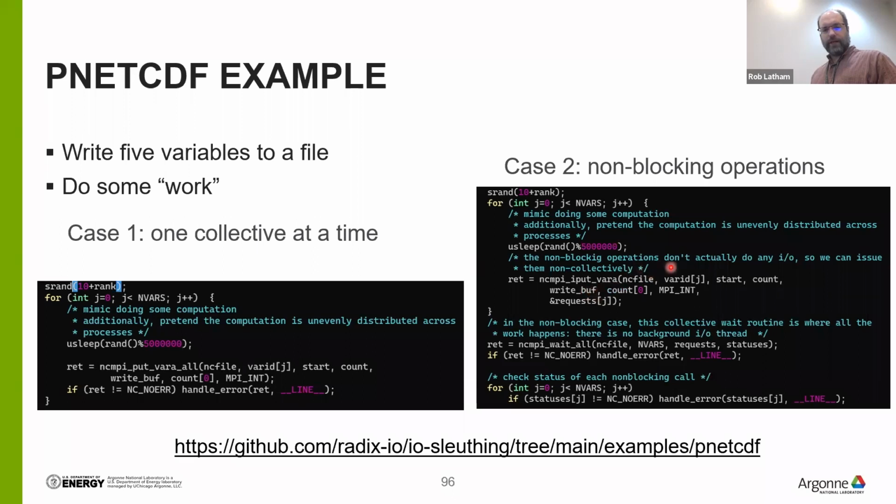You don't want to modify this buffer until the write completes in the NCMPI wait all call. But that's not so different from MPI non-blocking semantics either. Okay, so in this case, we're going to wait for however many variables we have, and we'll get back some status objects, and then we can talk about what happened using Darshan to see how it looks.